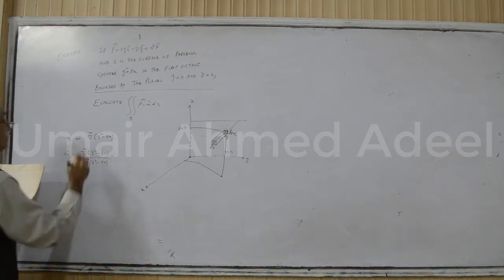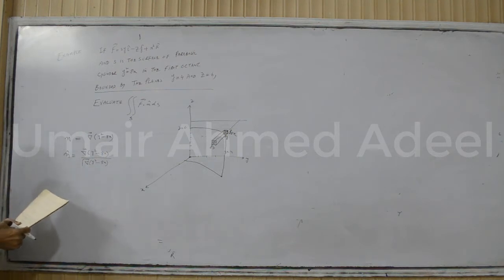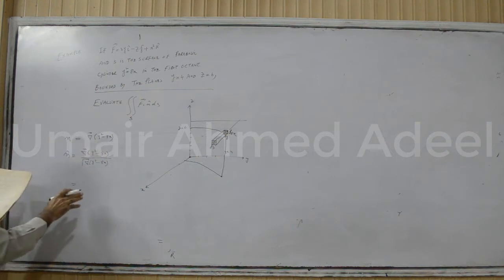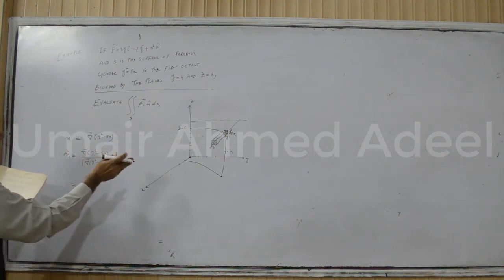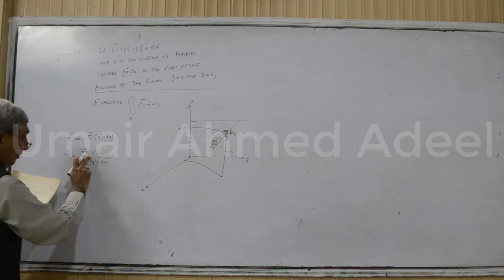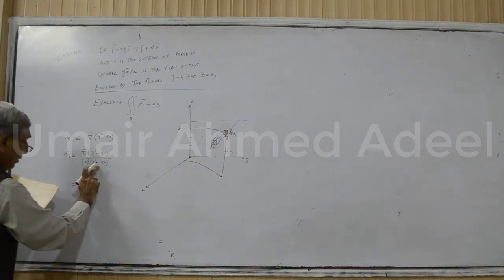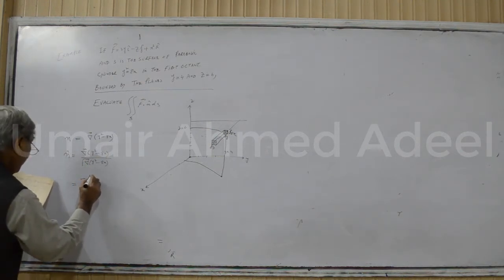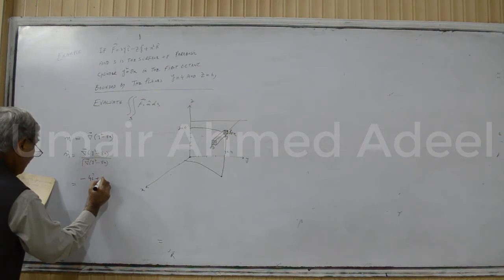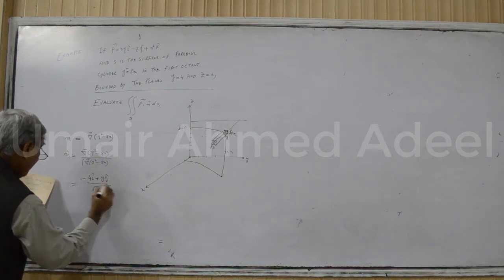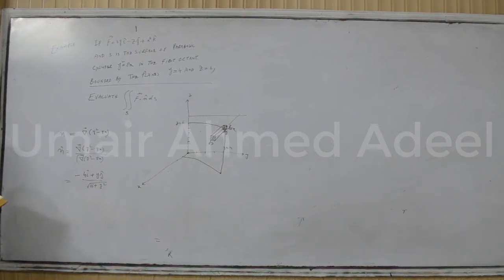This is how you will calculate. I haven't calculated it, I have left it for you to do. This will be a vector quantity, and the answer is minus 4i plus yj divided by the square root of 16 plus y square. That is the value of n.